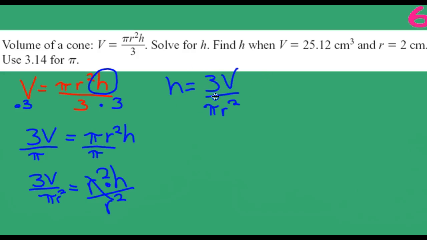So now I'm going to use this equation to find h when v equals 25.12 and r equals 2 centimeters. We're going to use 3.14 for pi. So now we're just going to replace things. So we have 3 times 25.12.